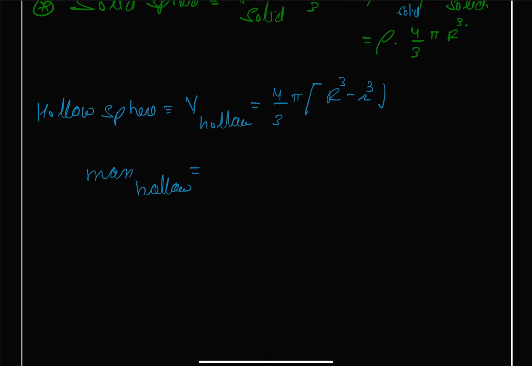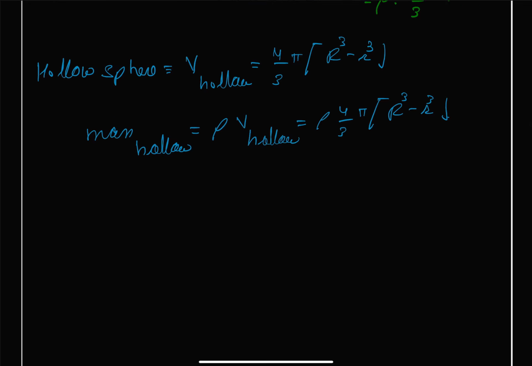Mass of the hollow sphere will be equal to density times volume of the hollow, which will be equal to rho times 4 by 3 pi, times r cube minus small r cube.